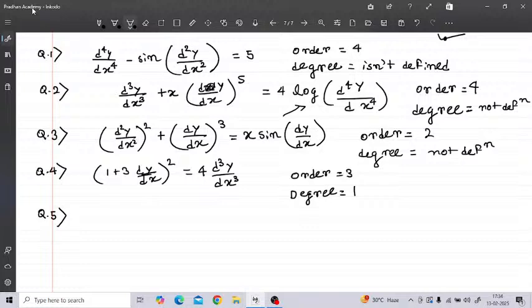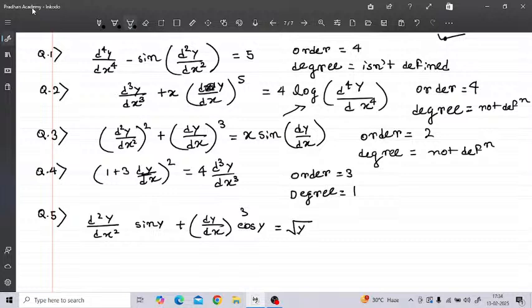Question number 5. d2y/dx2 sine y plus dy/dx whole cube cos y equals root y. Now it is asked what is the product of order and degree of this equation. Now if you see in this equation, the order is 2.